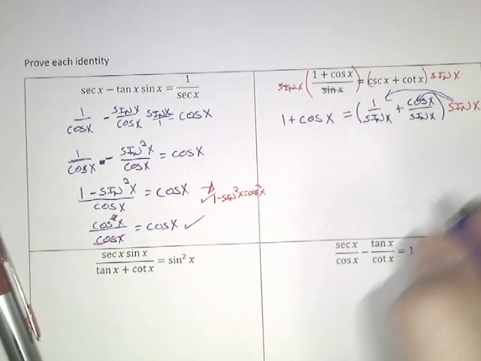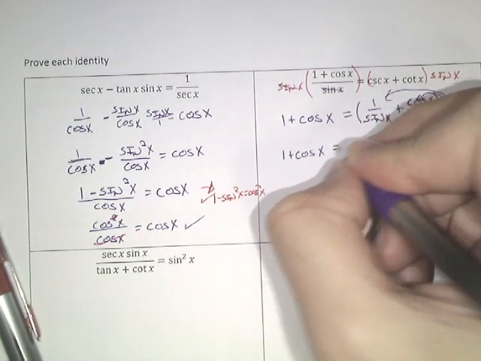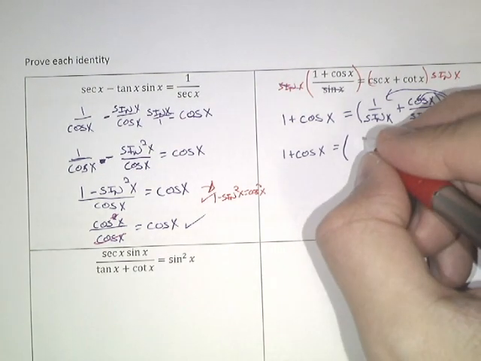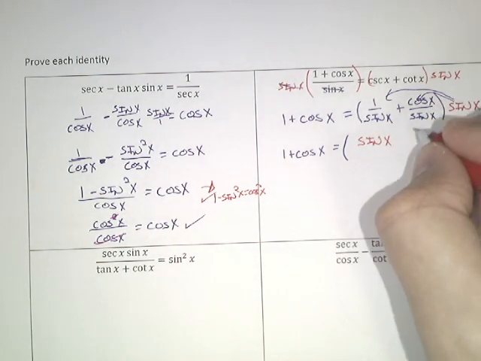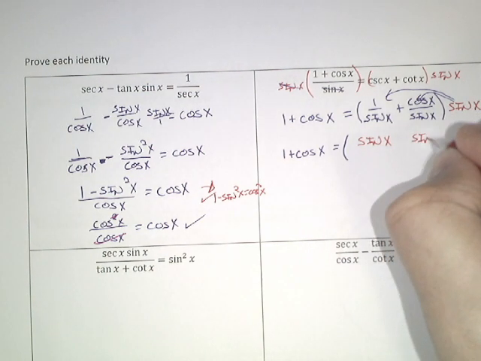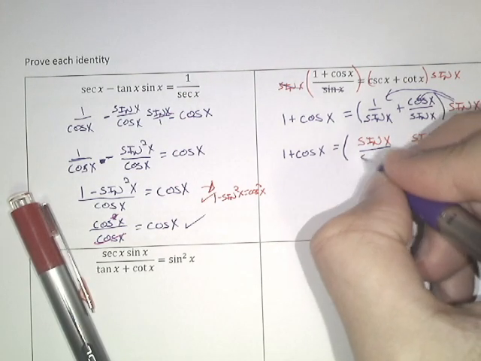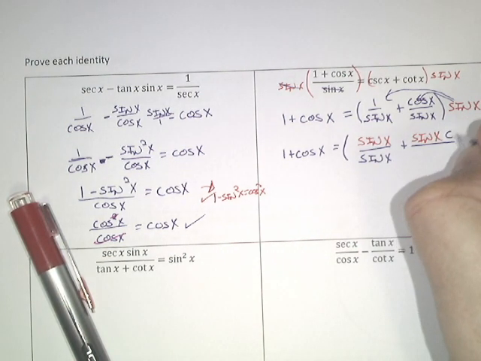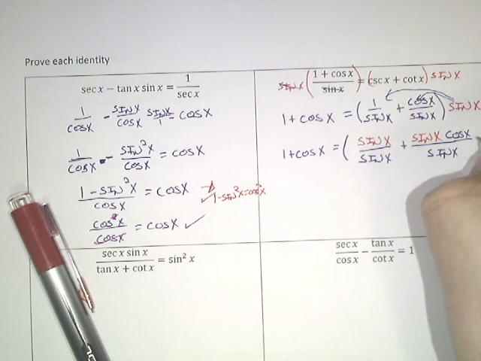I'm going to write this out for everyone. You don't have to write out every step here, but I'm going to do it. Sine x times 1 is just sine x, and then sine x is going to be multiplied to the next one as well. So that's going to be over sine x plus, I still have a cosine x on top and a sine x on bottom.